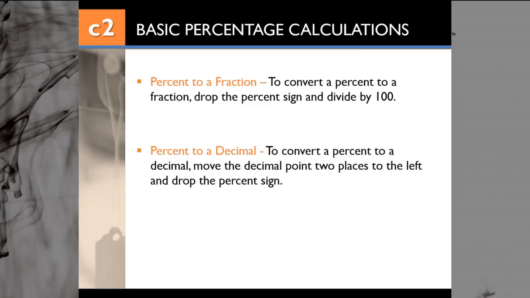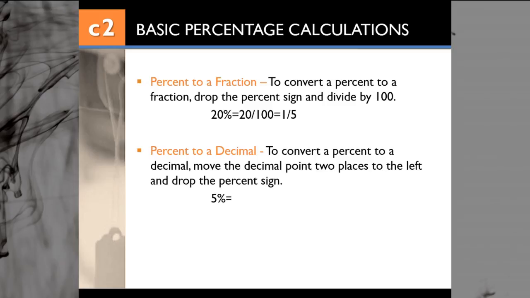You also have to know basic percentage calculations, percent to a fraction and percent to a decimal, so you can convert a number into different formats. To convert a percent to a fraction, drop the percent sign and divide by 100. For example, 20% is 20 divided by 100, which is 1 over 5, or 0.2.